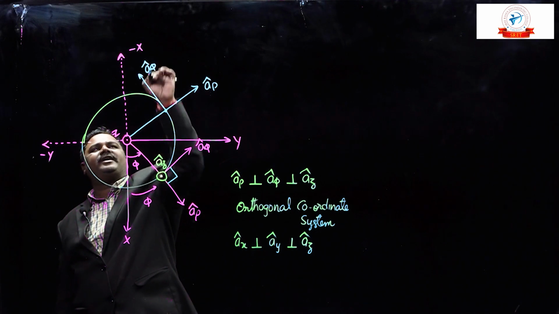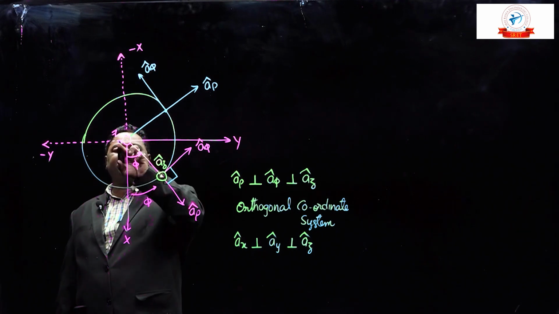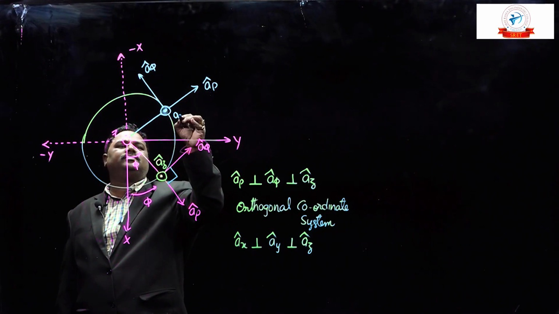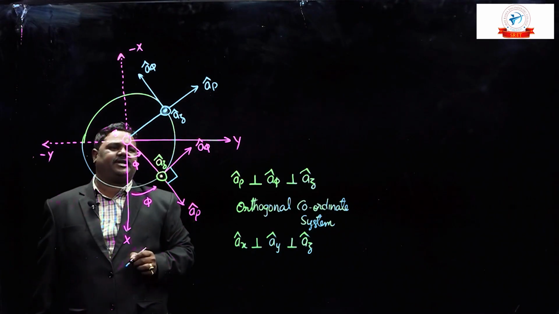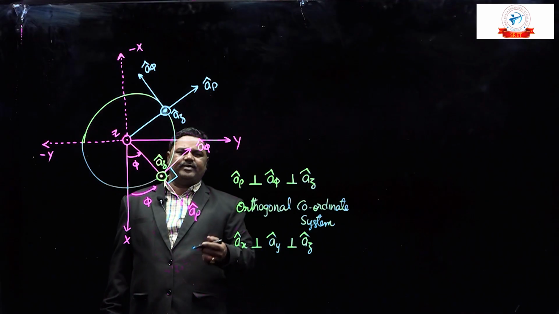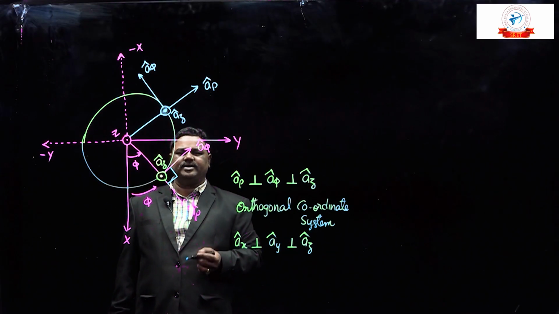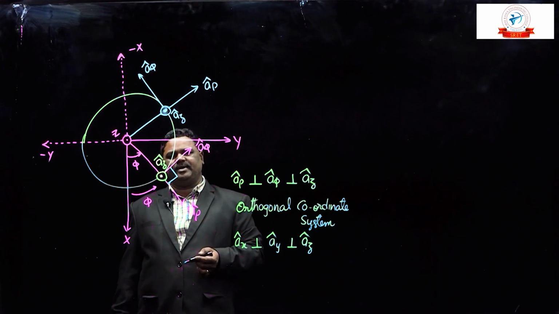This is the aφ cap direction. Then the z direction is nothing but the az cap direction. The circle with dot is the az cap direction. Like this, wherever you require, you can identify the direction of aρ cap, aφ cap, and az cap.